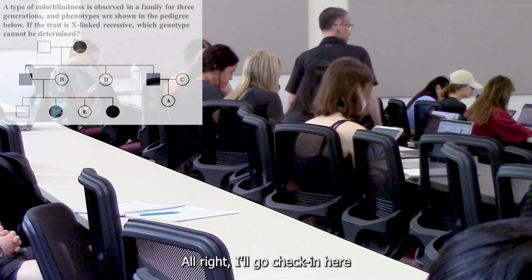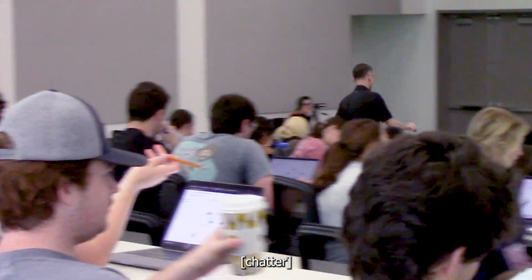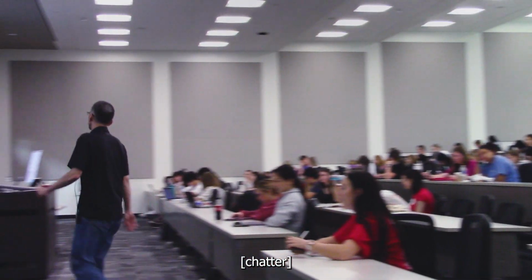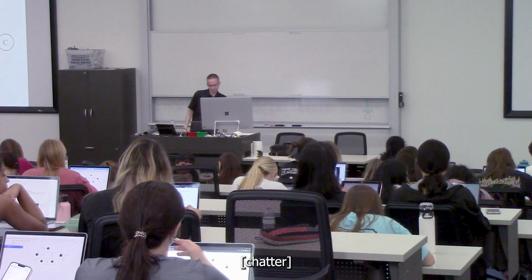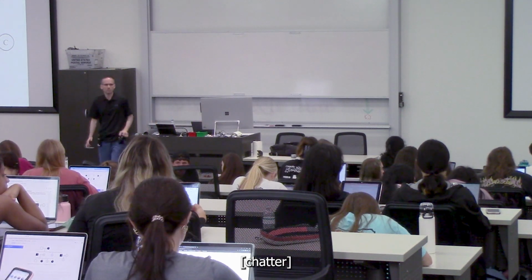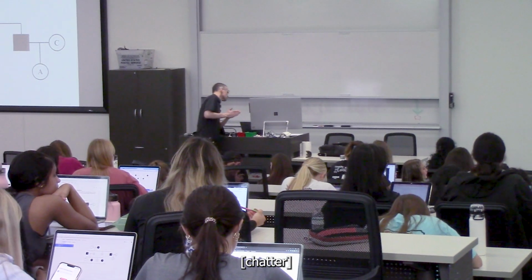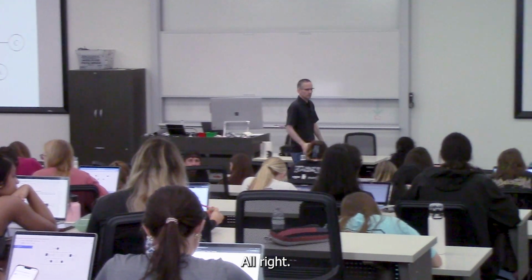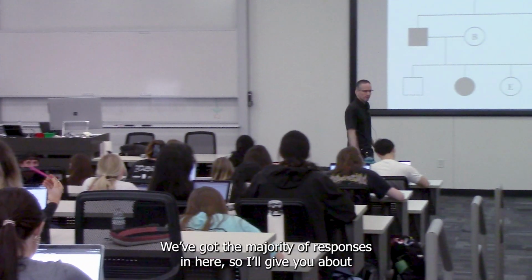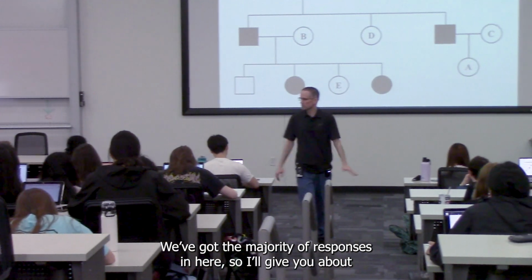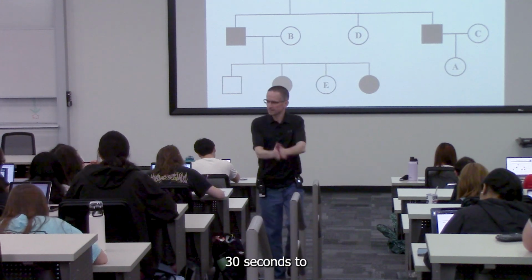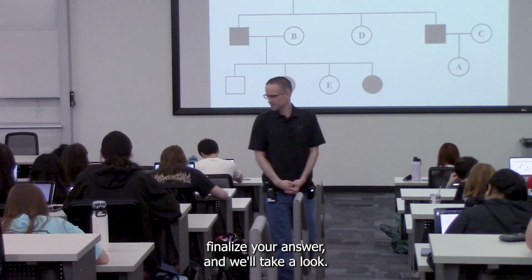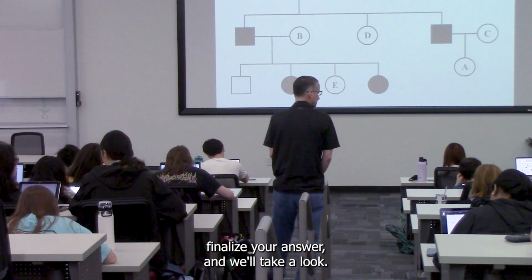All right, I'll go check in on our question. We've got majority responses in, so I'll give you about 30 seconds to finalize your answer, and we'll take a look.